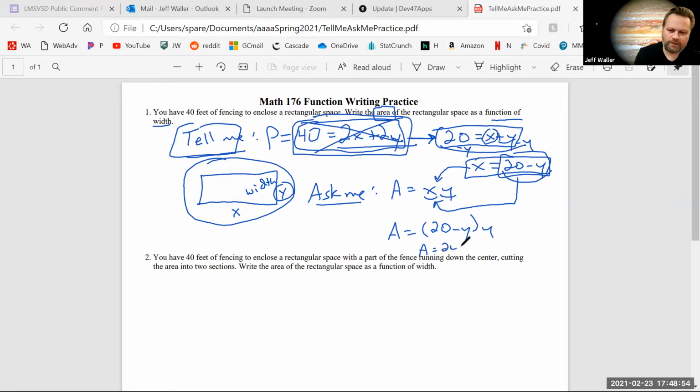And then I can do one more thing. I can make this 20y minus y squared. What kind of function is this? Parabola. So would it have a maximum or a minimum? Maximum. Why would it have a maximum? I think it's minimum because we can't see the minus.